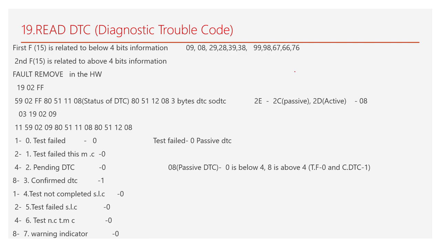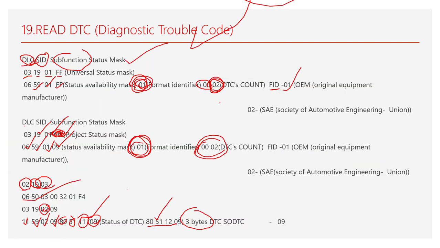Coming to see here, first, I have given the input FF. What is this first F and what is this second F? I will explain now, then we can understand why we use the universal status mask.